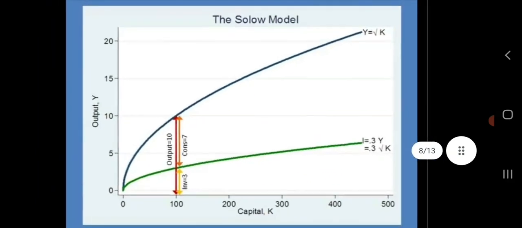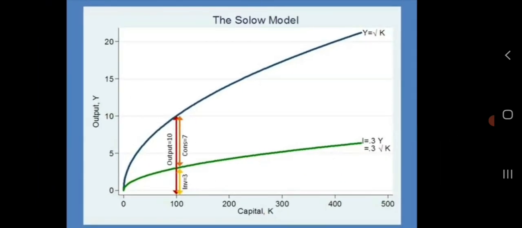So just look into it. This graph shows that when the output is 10 units, the capital we should use is 100 units. And so as the graph shows that out of 10 units produced, 3 units is invested and the remaining 7 units is consumed.